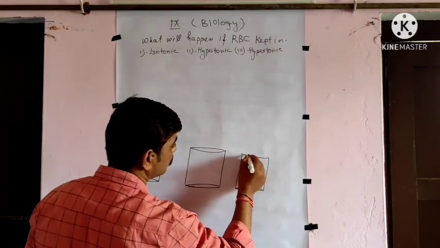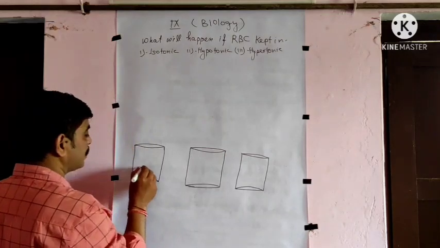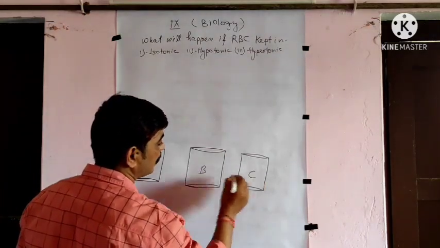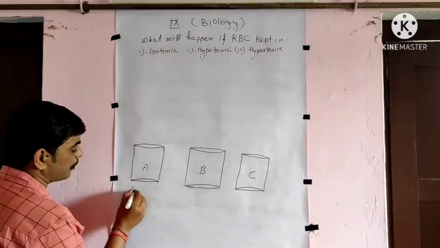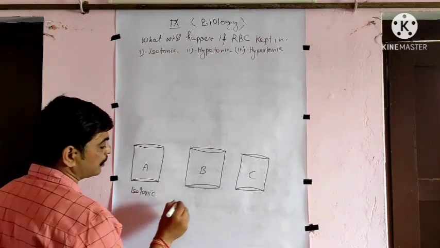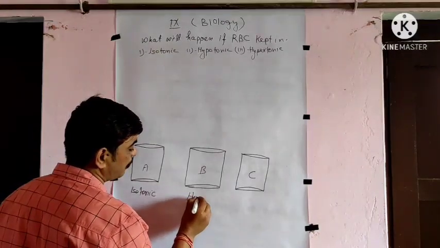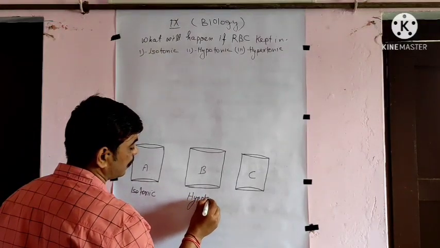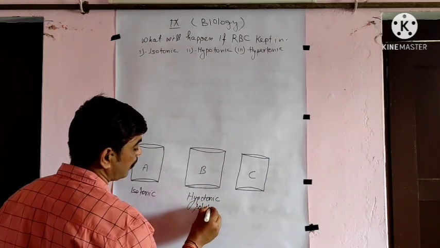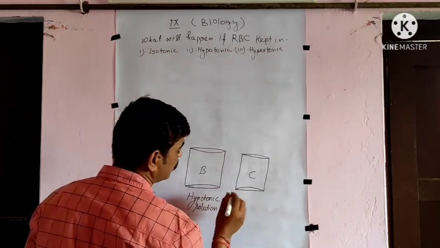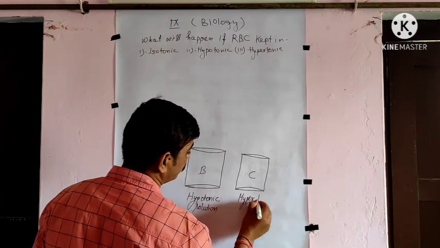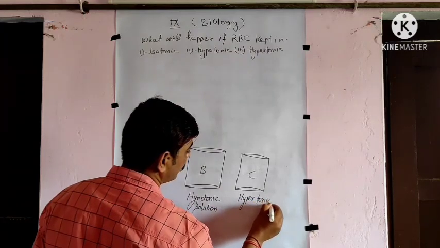This will be beaker A, this you can name B, and this you can name C. Suppose this beaker has isotonic solution, this beaker has hypotonic solution, and this beaker has hypertonic solution.